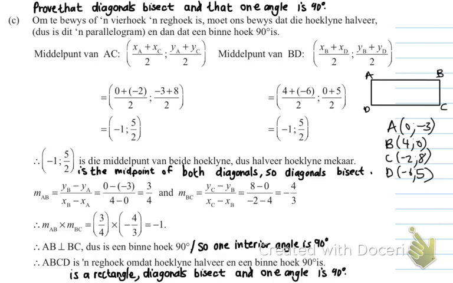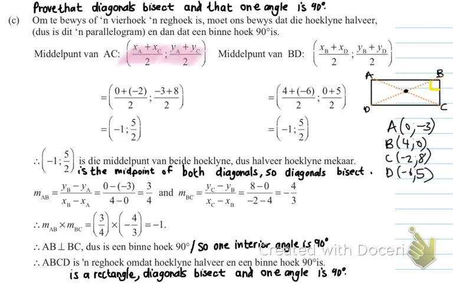So now, to prove that something is a rectangle, I first have to prove that the diagonals bisect, so I have to prove that they have the same midpoint. And then I have to prove that they have a 90-degree interior angle. So for that I'm going to use gradients. Okay, so let's start by proving that the diagonals bisect. I use the midpoint formula. I say the midpoint of AC. So the first diagonal is the x values added divided by 2 and the y values added divided by 2.